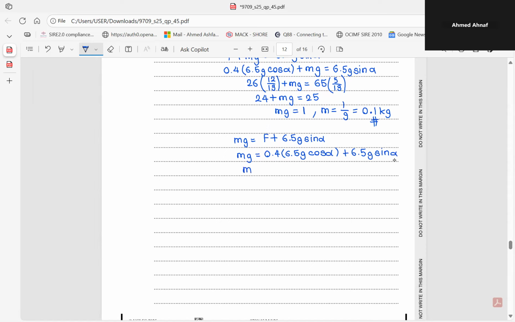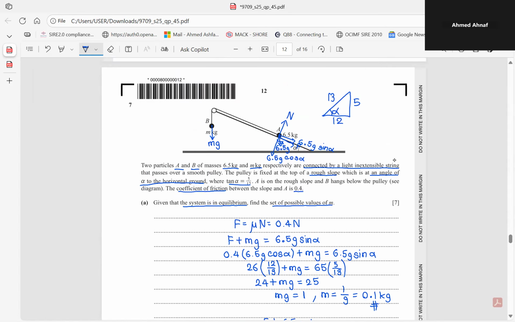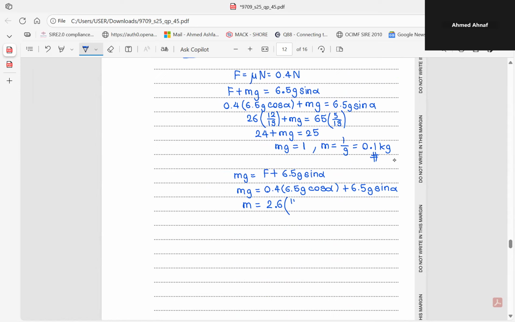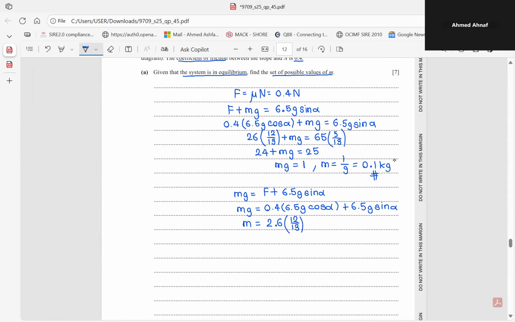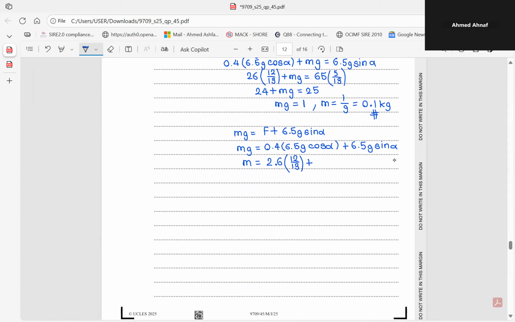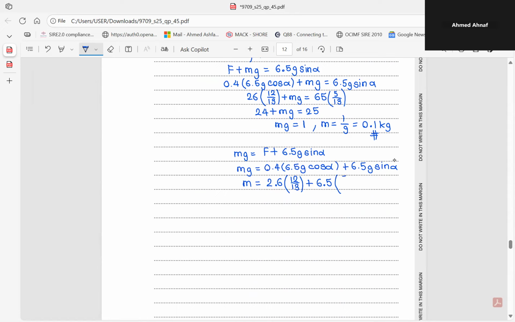So let's cancel out the g, and you'll get m equals 0.4 times 6.5, that's 2.6, and then cosine alpha is 12 over 13, and then 6.5 times sine alpha, that's 5 over 13. m would just be 2.6 times 12 over 13 plus 6.5 times 5 over 13.